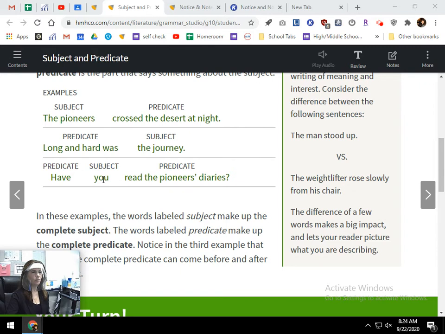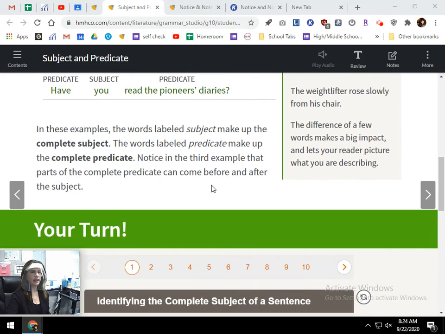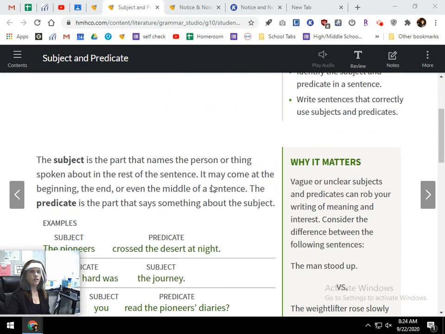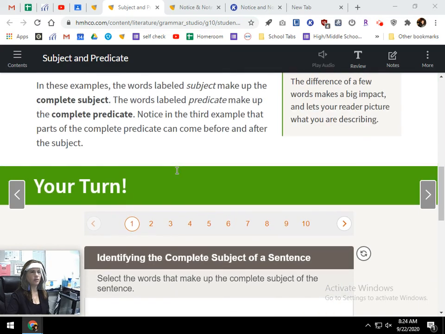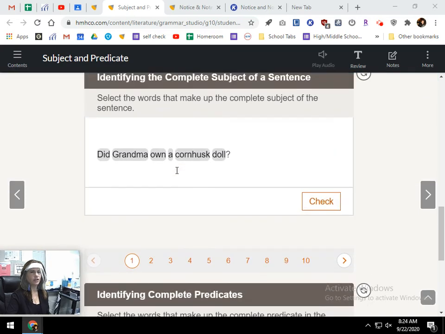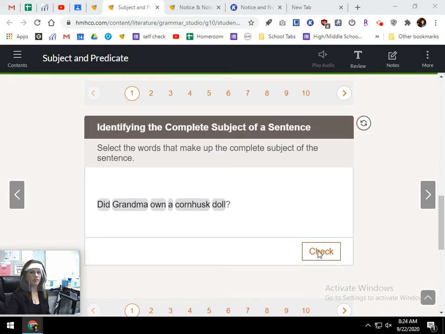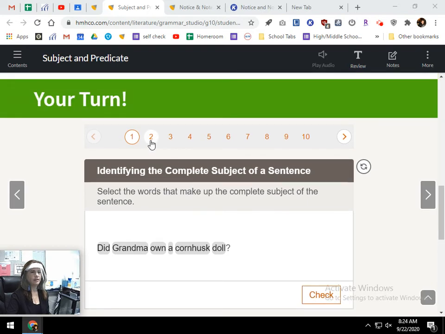Have you or where are, okay? So have you, and this is part of the predicate, read the pioneers' diaries, okay? So you may need to go back and read some of this on your own again, but you're going to complete these and see how it gives you an opportunity to check it. So you can redo it if you need to.